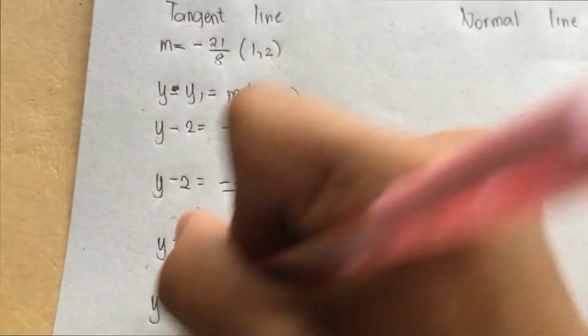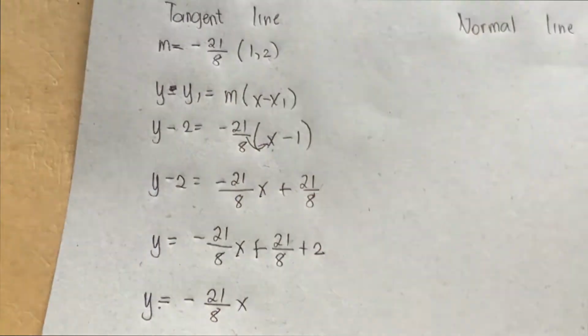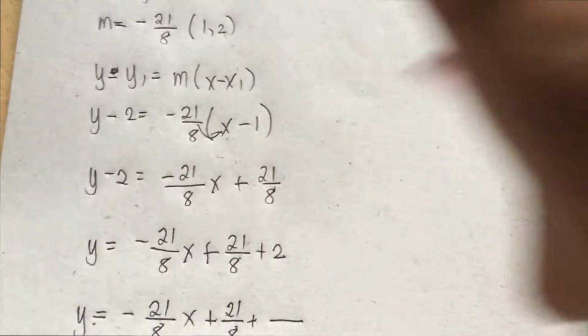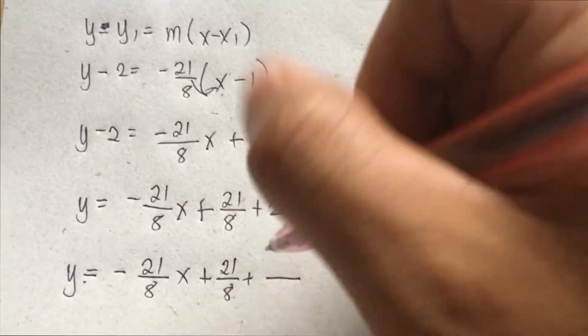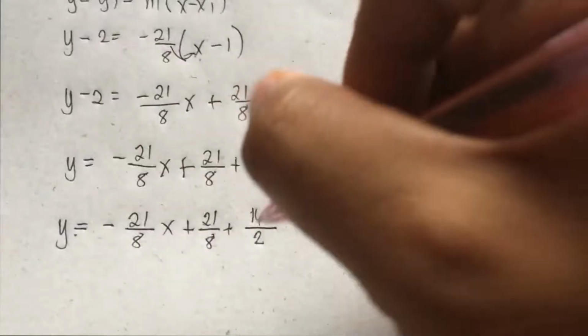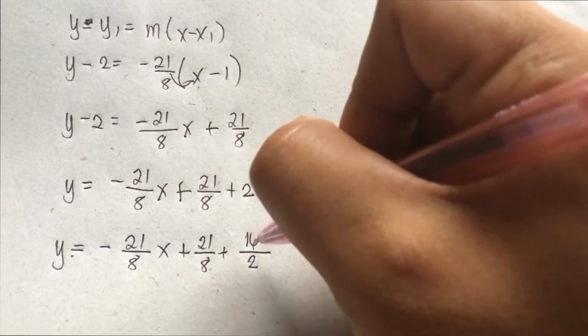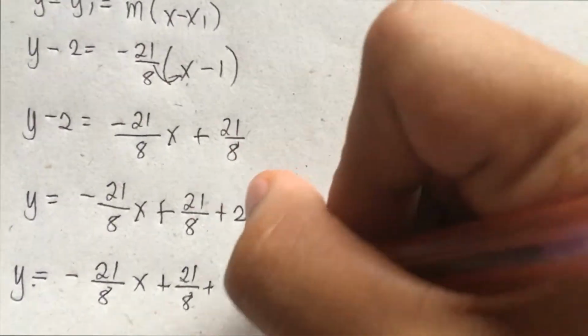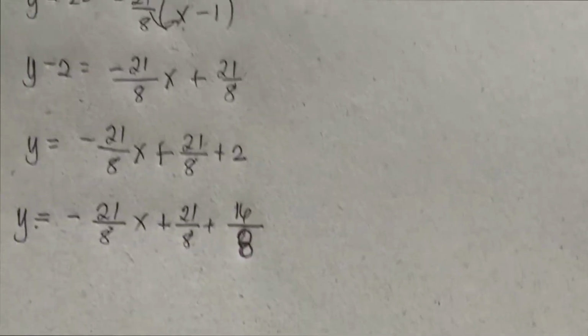So, y is equal to negative 21 over 8x, 21 over 8 plus 2. 21 over 8 plus 16 over 8.